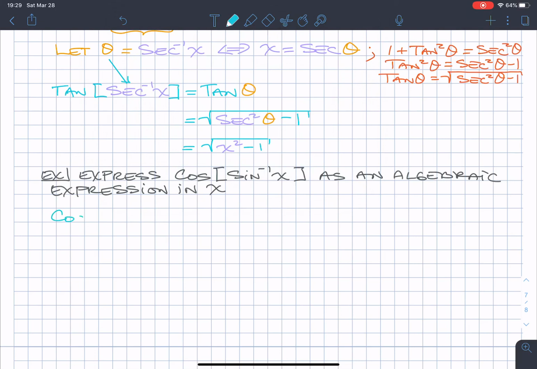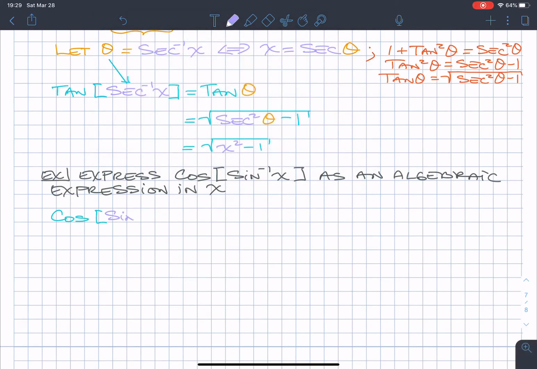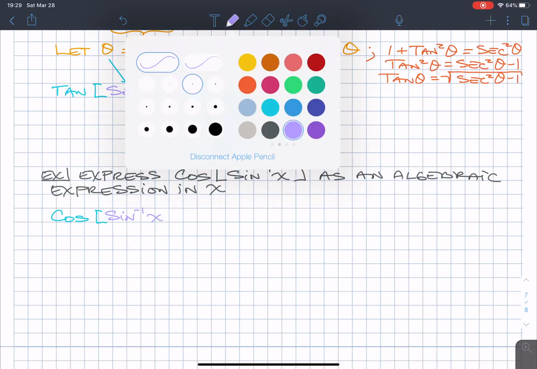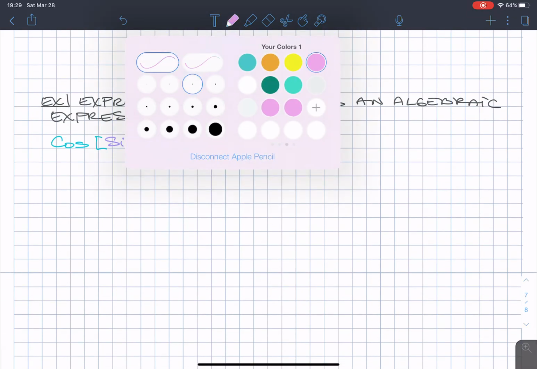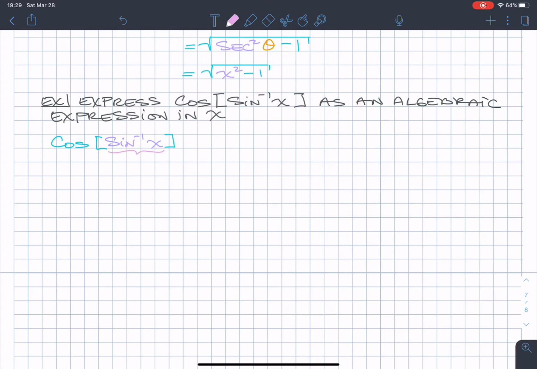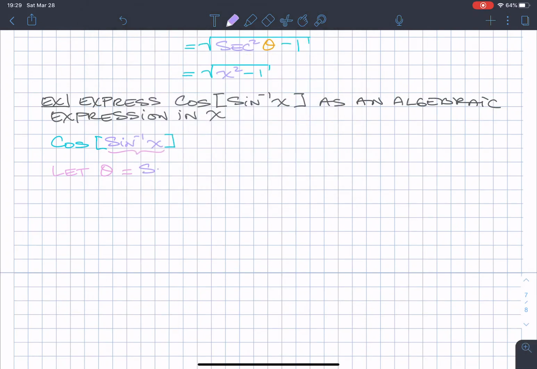Let's do cosine of inverse sine of x. Of course, I'm going to let theta be the inverse trig function. So let's let theta be equal to inverse sine of x, so that I can rewrite this normally as x is normal sine of theta.